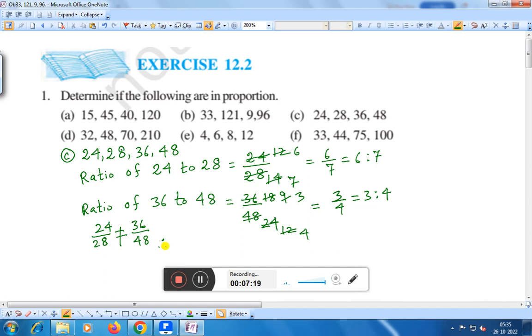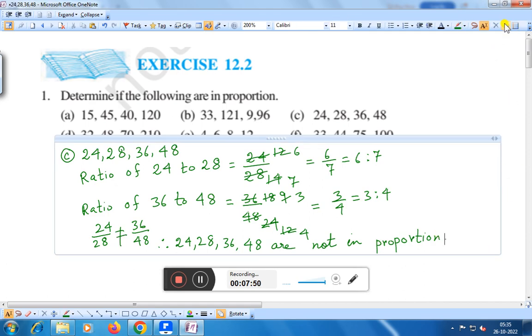Therefore, 24, 28, 36, 48 are not in proportion. This is the solution of question number C. Now we shall discuss question number D.